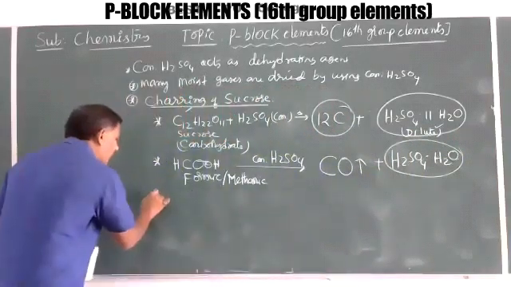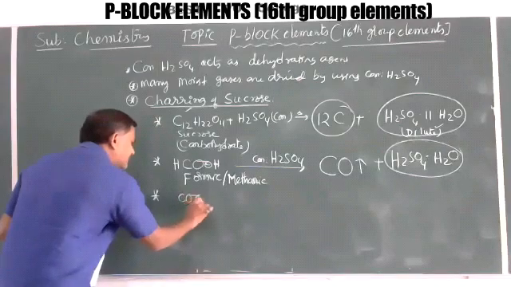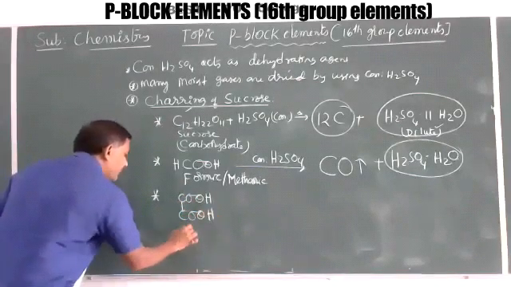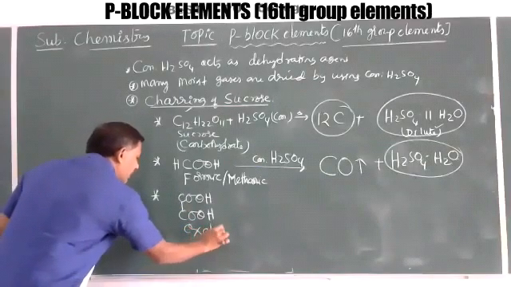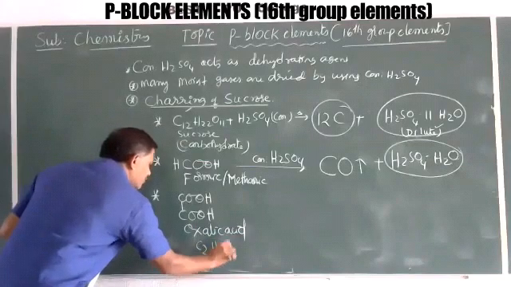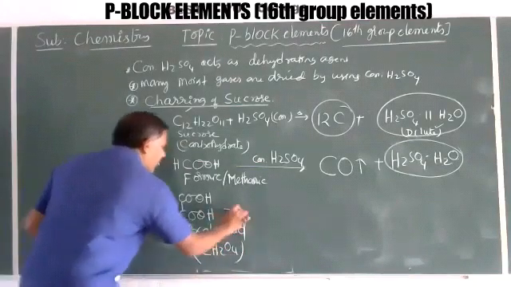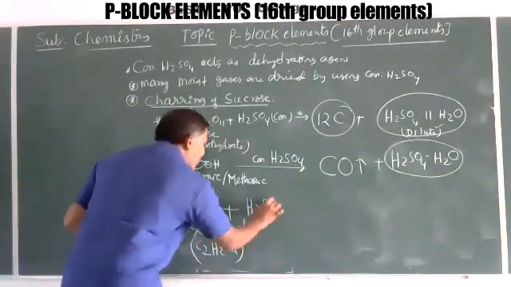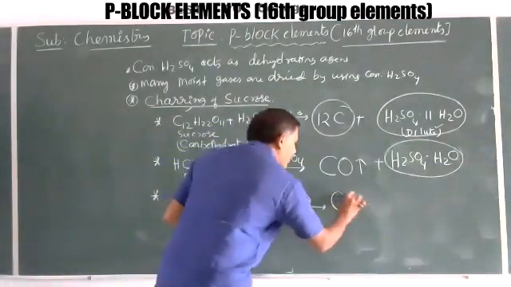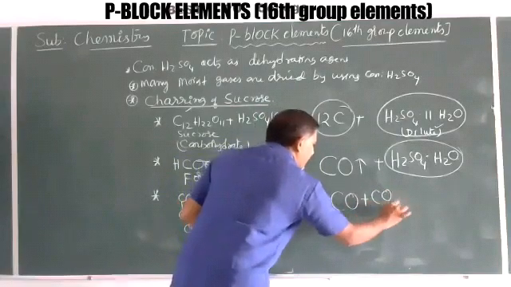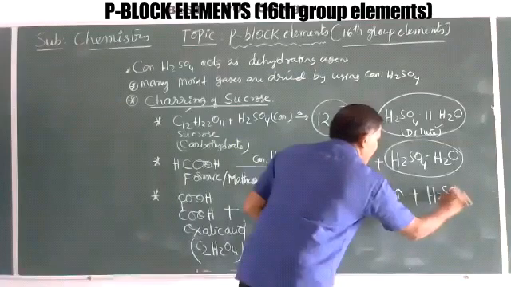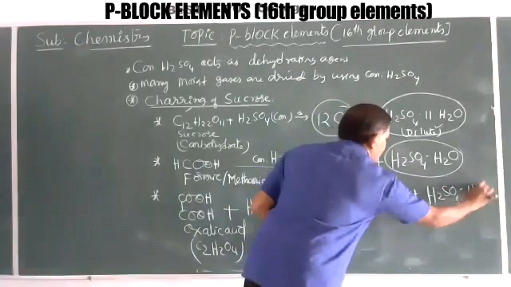Same thing here with oxalic acid, COOH-COOH, the formula of oxalic acid being C2H2O4. On heating with concentrated sulfuric acid, it gives carbon monoxide and carbon dioxide plus dilute H2SO4.